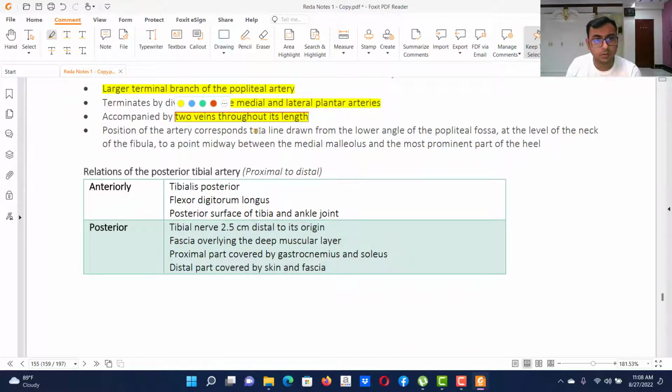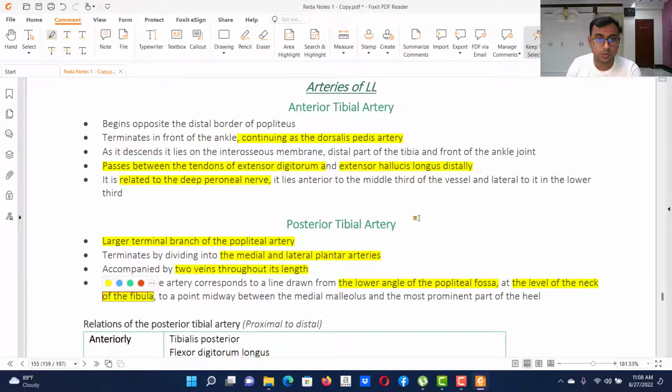The position of the artery corresponds to a line down from the lower angle of the popliteal fossa, just at the level of the neck of the fibula. Deep to the popliteal fossa there is an artery, and that is the posterior tibial artery.